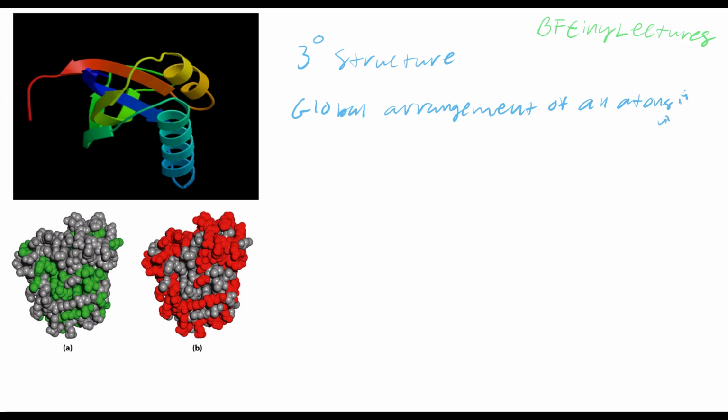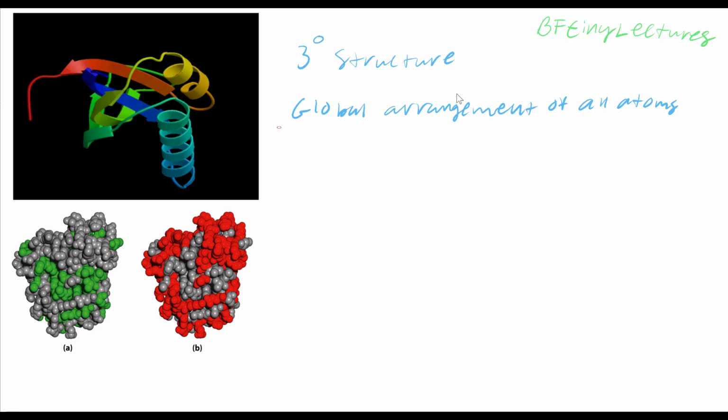Essentially, from the most basic monomer that makes up the polymer, that makes up the amino acid, that makes up the alpha helix, that joins with the beta sheet, that combines together to make the tertiary structure, that is the global arrangement of all the atoms, okay?